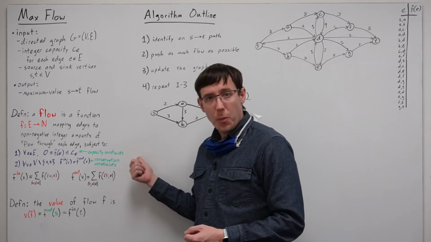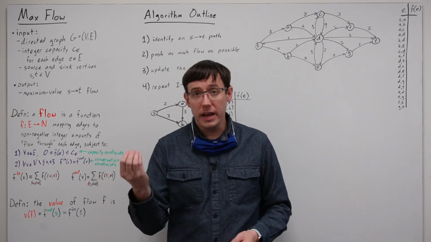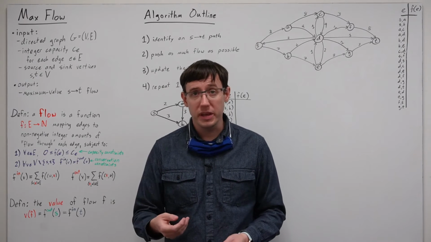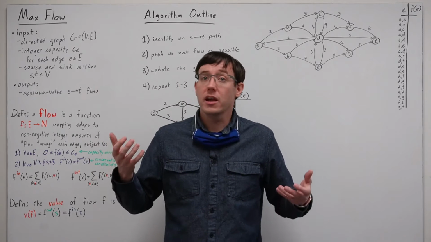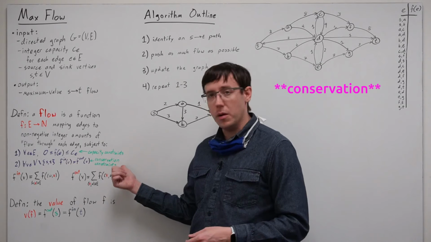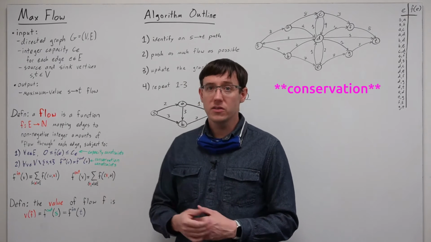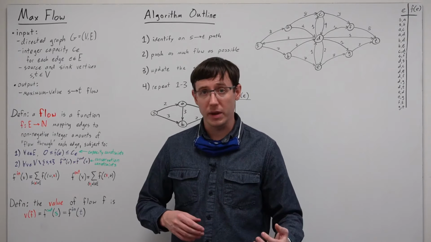First is the capacity constraint, that the amount of flow on any given edge must be no less than 0 and no more than the capacity of that edge. And second, we have conservation constraints saying that no flow magically appears or disappears.